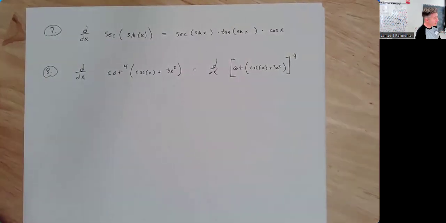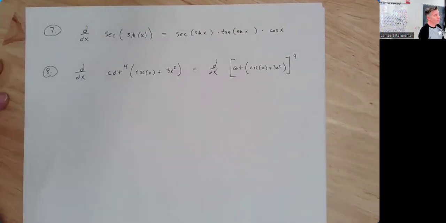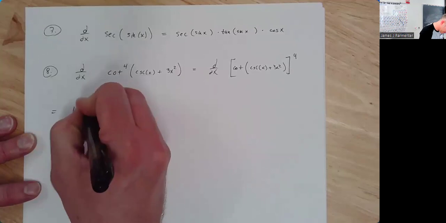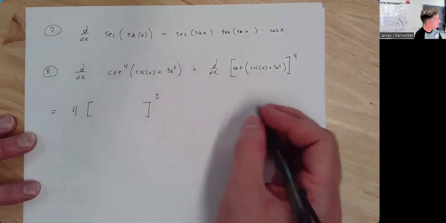And now it might be a little bit more clear that the last thing that happens, the outermost function, is actually being raised to the fourth power. So we have some stuff to the fourth power. What's the derivative of x to the fourth? Right. So what's the derivative of some stuff to the fourth? And then we're going to multiply by the derivative of the stuff.